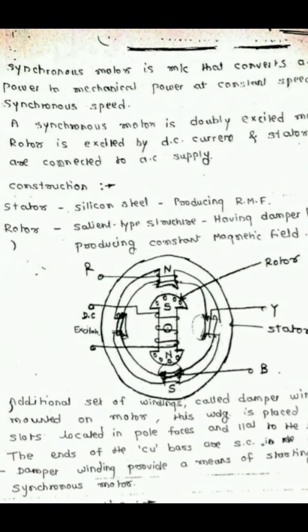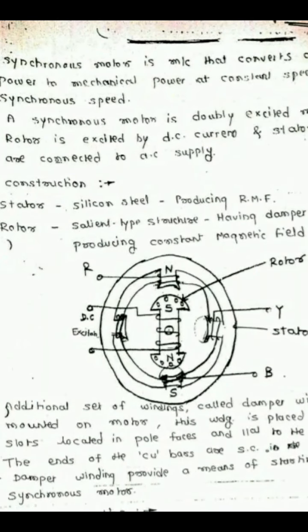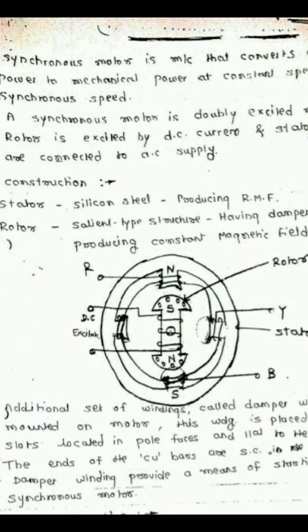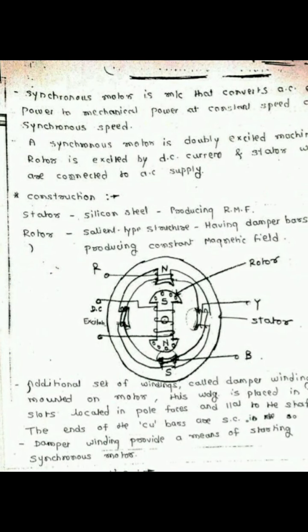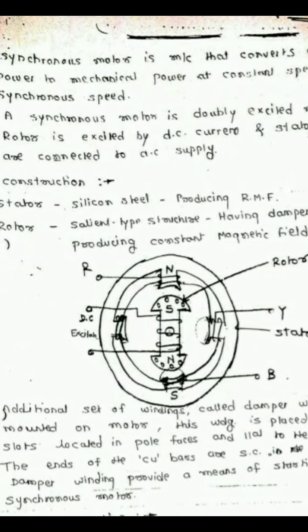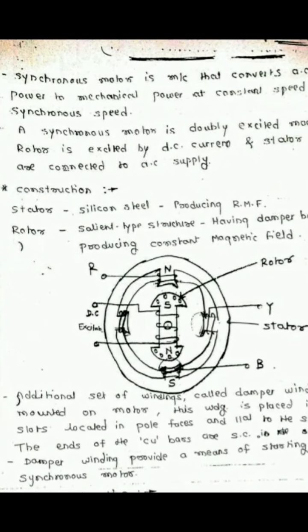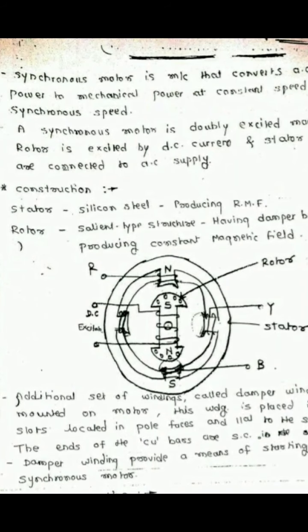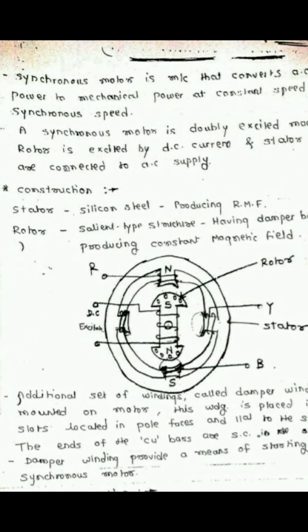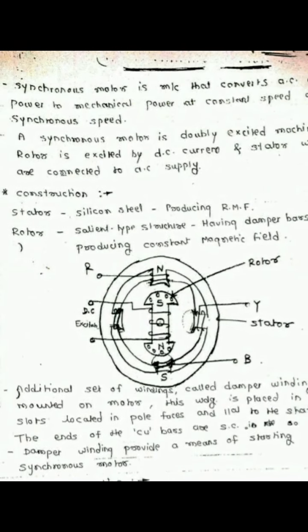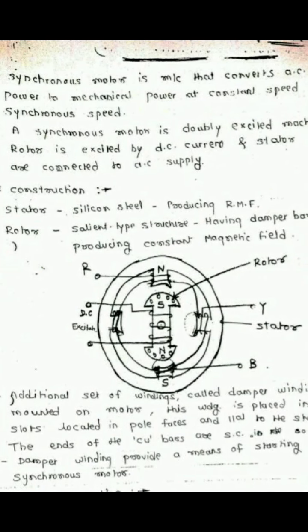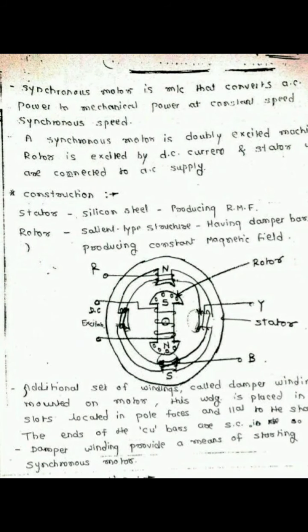So this will be the construction of a synchronous motor. As shown in the figure, the field winding is placed on the poles, that is on the rotor, and a three-phase supply R, Y and B is given to the stator winding of the synchronous motor.